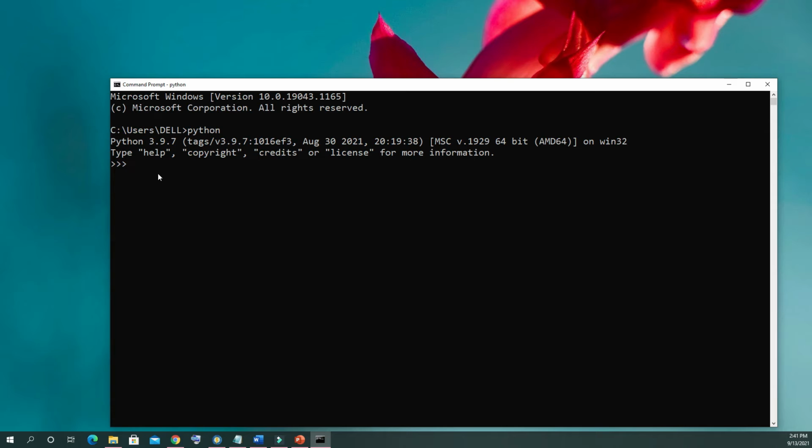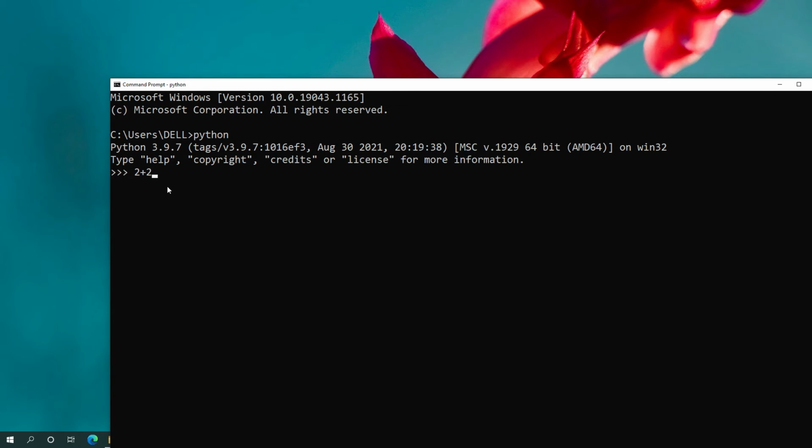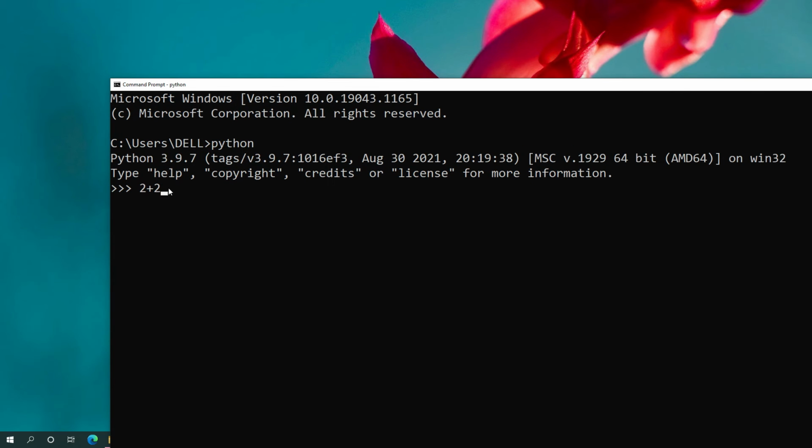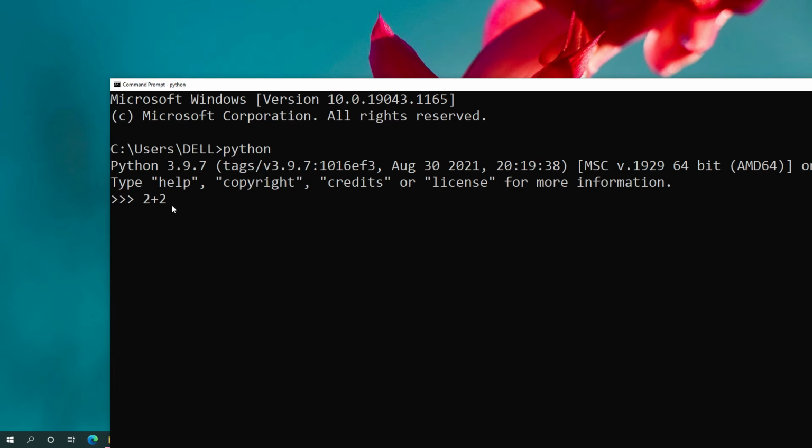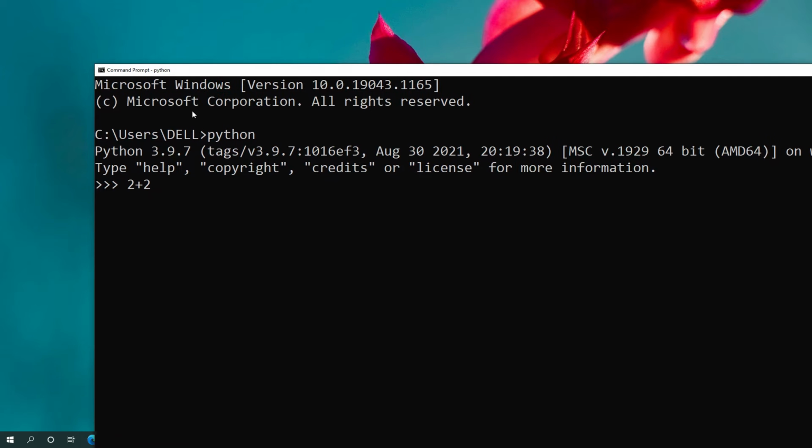So for instance, when we say 2 plus 2, let me make it a little bit bigger. As in 2 plus 2, all together is an expression. The 2 is the value and the addition sign is the operator.